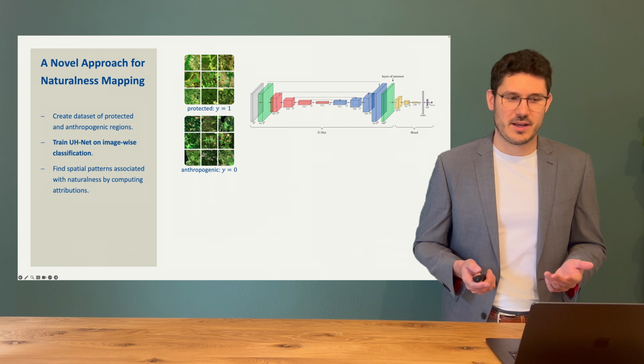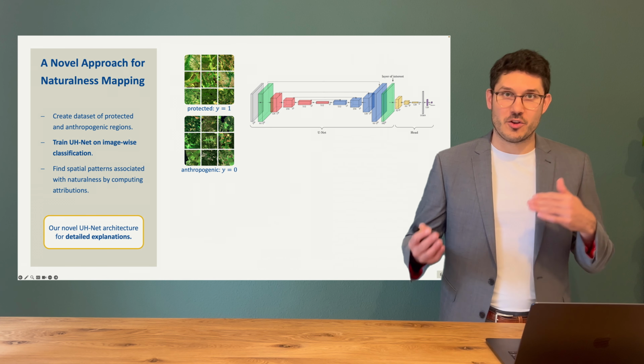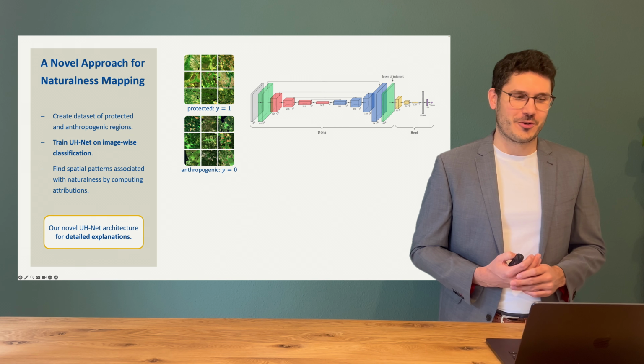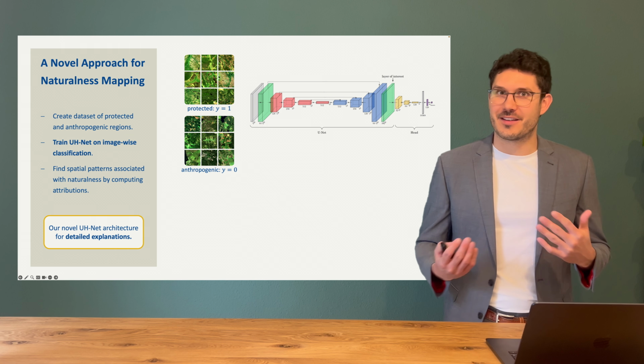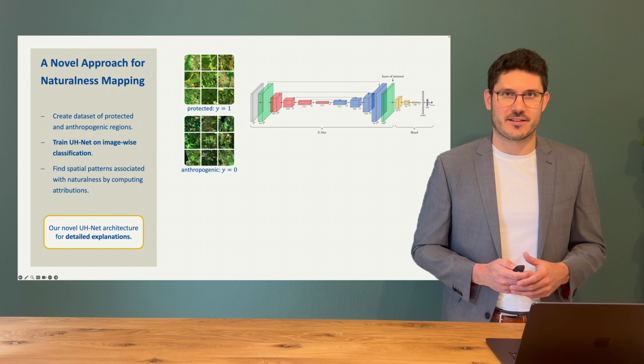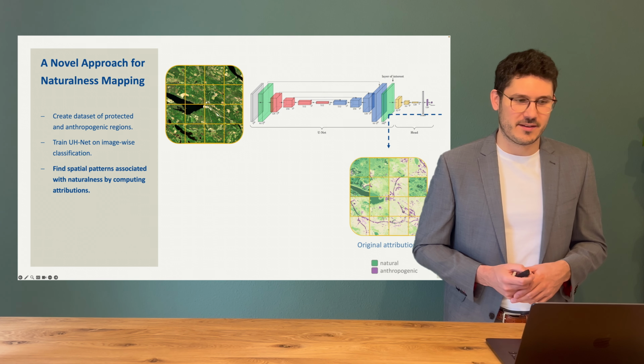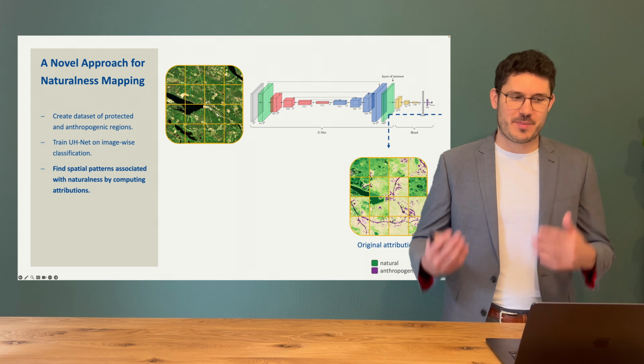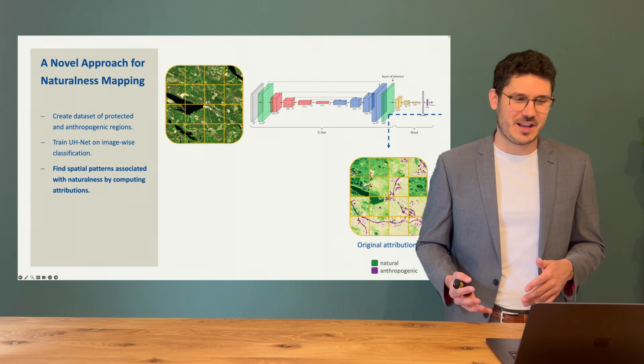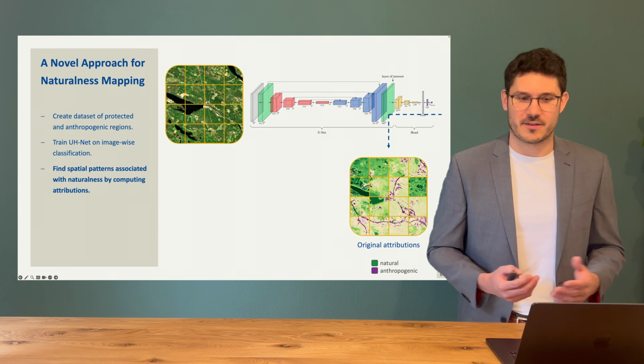In the next step, we train our novel UHNet architecture I've shown you in the beginning on this image-wise classification task. And when the model has been trained, we find the spatial patterns associated with naturalness by computing attributions.